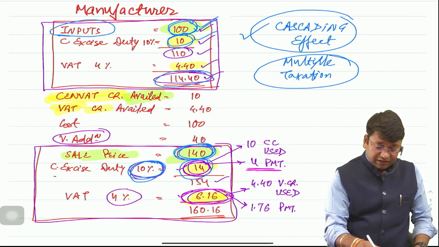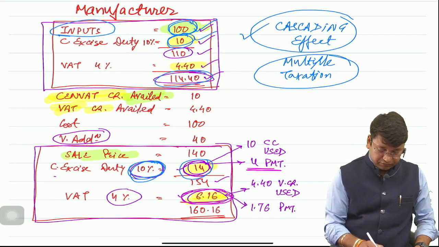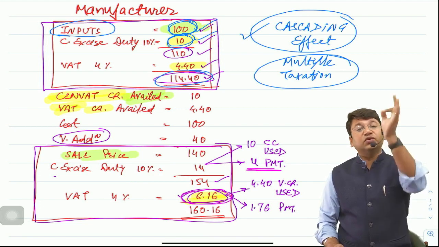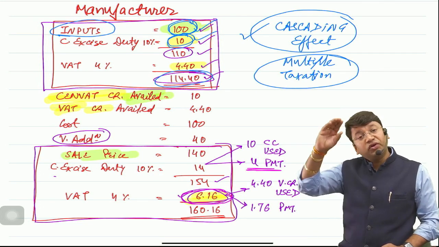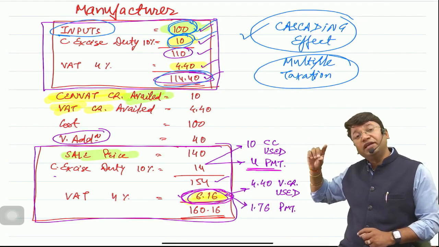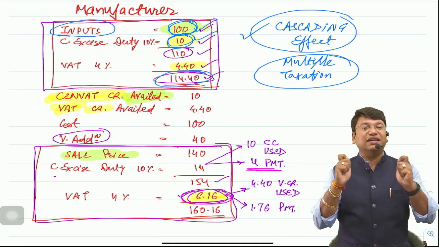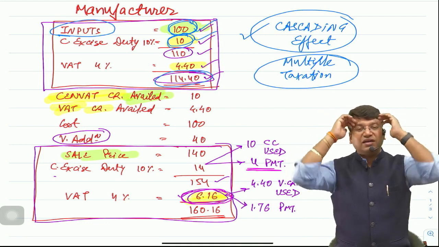So simple answer is that the tax was being charged on entire rupees 140, which includes 100 on which we have already paid the tax, and again tax was being charged on entire rupees 140 including 100. So to avoid the multiple taxation and cascading effect, the credit of rupees 10 was allowed. I hope you got the entire fundamental why the credit is allowed.